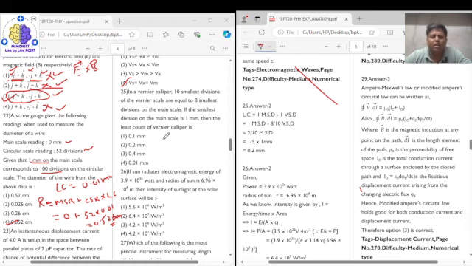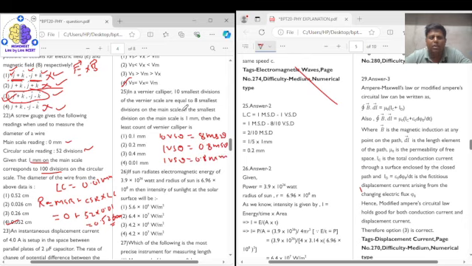From here we can say that 10 vernier scale divisions are equal to 8 main scale divisions. It means 1 vernier scale division is equal to 0.8 times a main scale division, that is 0.8 millimeter, right?